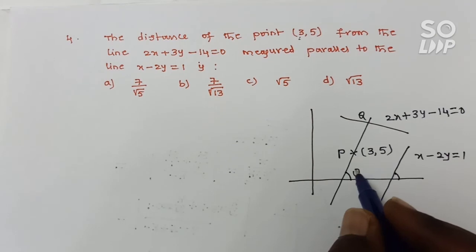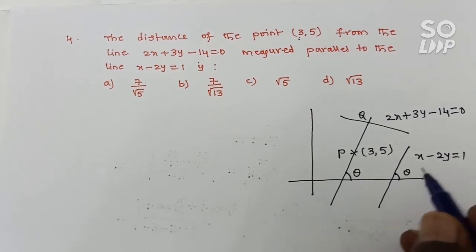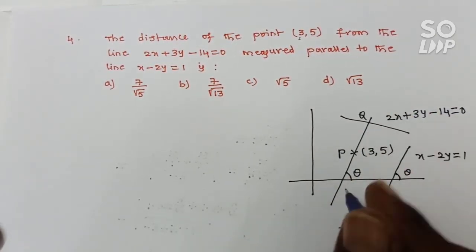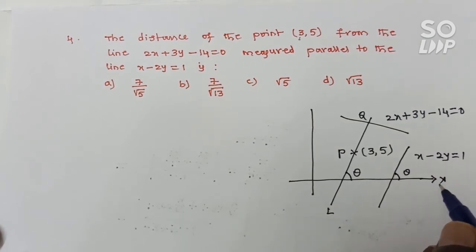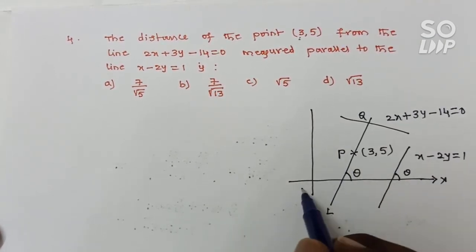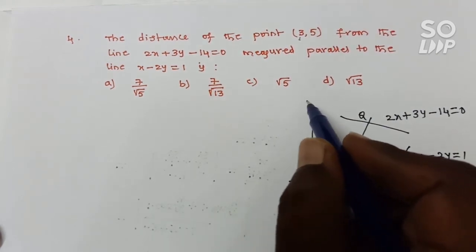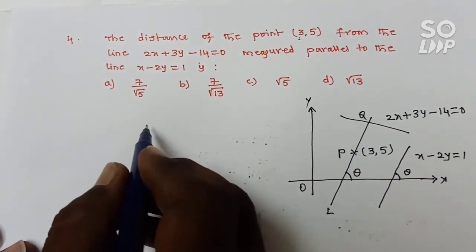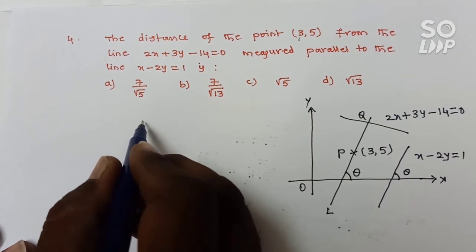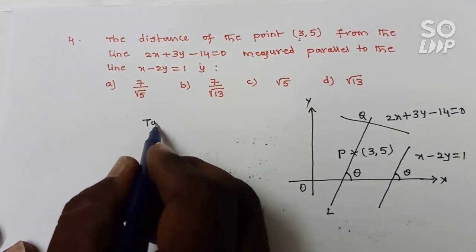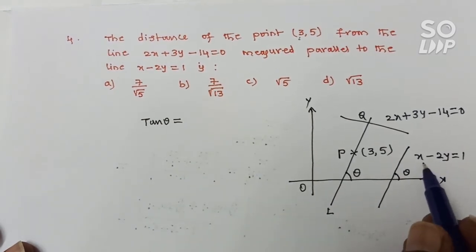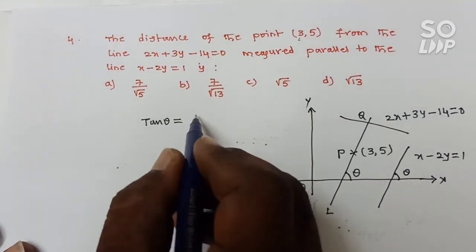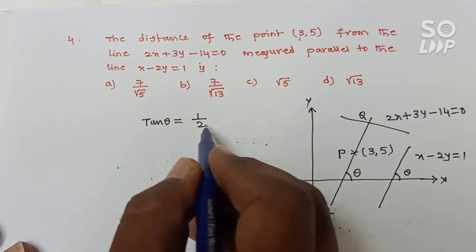So we can write the slope of the line, this is L. Here the slopes are equal because these two lines are parallel. From this we can write that slope definition is tan theta. Tan theta equals the slope of this line, 1 by 2. So obviously this line's slope is also 1 by 2.